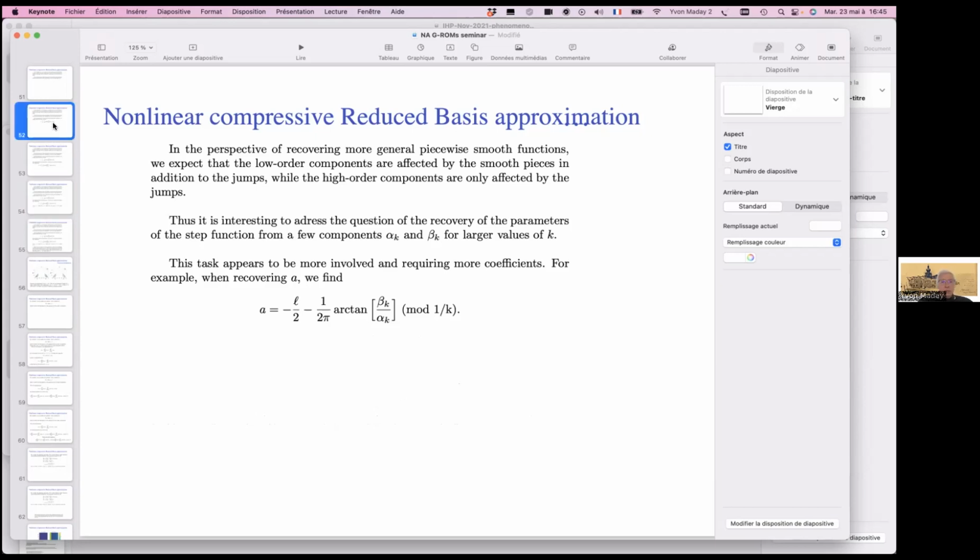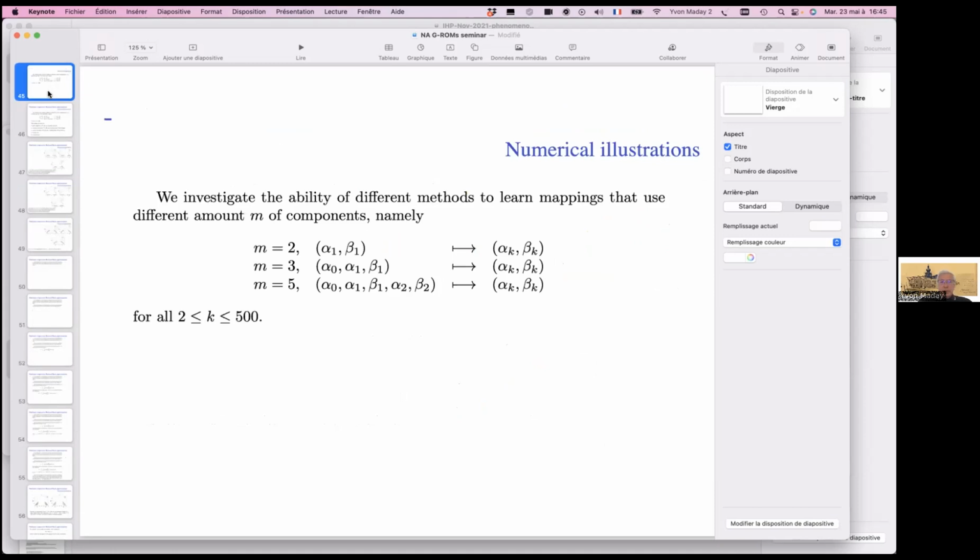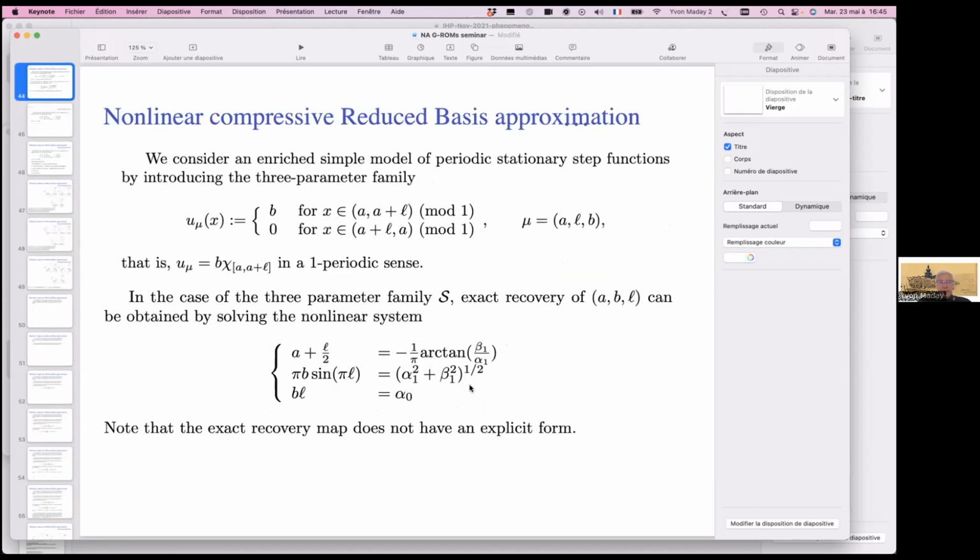Or more simply, if you know alpha 0, alpha 1, and beta 1, you're able to recover everything also. So this is the theoretical part.